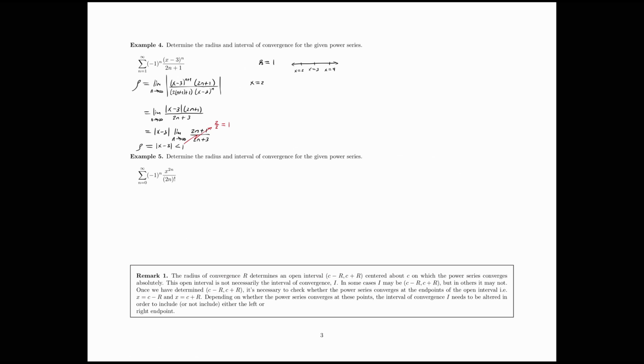So at x equals 2, our power series turns into negative 1 to the n times a negative 1 to the n over 2n plus 1. Now these two negative 1 to the n's will combine to give us a negative 1 to the 2n, which is really a 1 to the n, which is 1. So we really end up having just 1 over 2n plus 1.